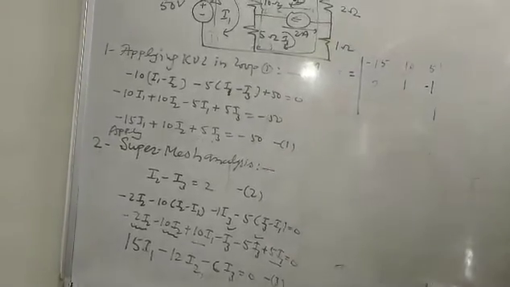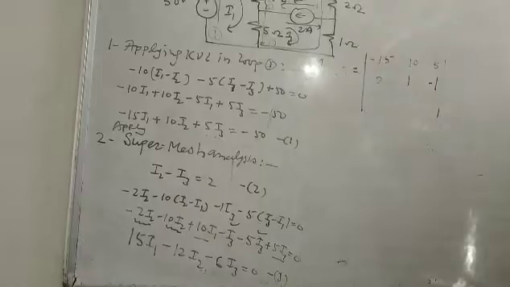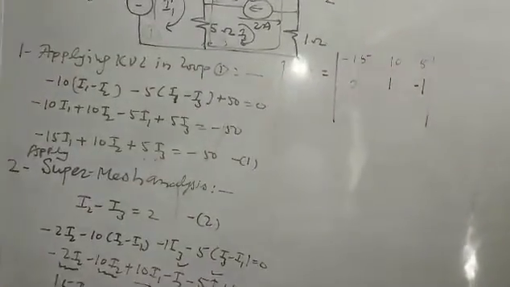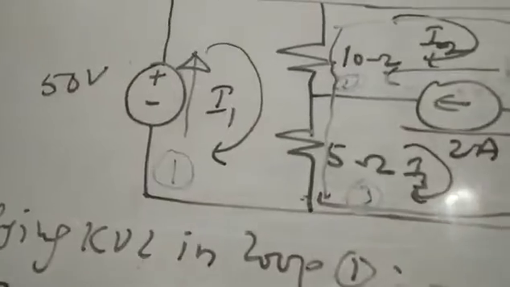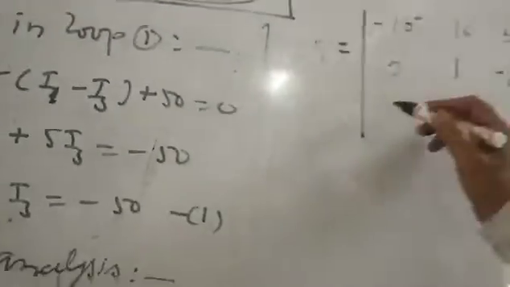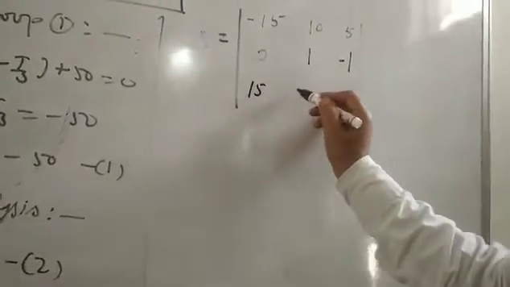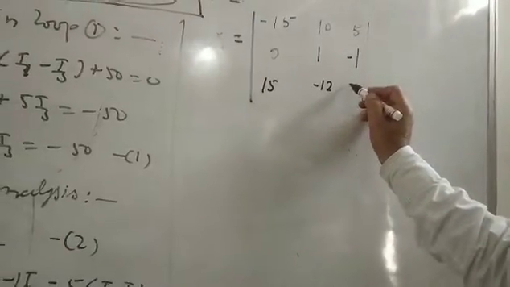Now the third equation, I1 coefficient 15, I2 is minus 12 and I3 coefficient is minus 6, and we can find the value of I3. This is 15, this is minus 12, this is minus 6.